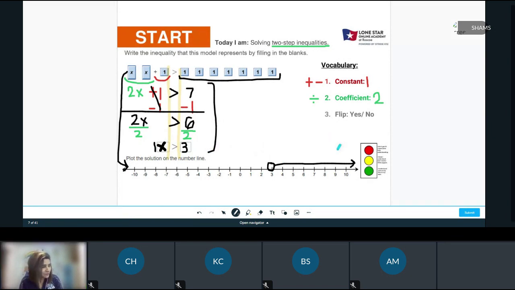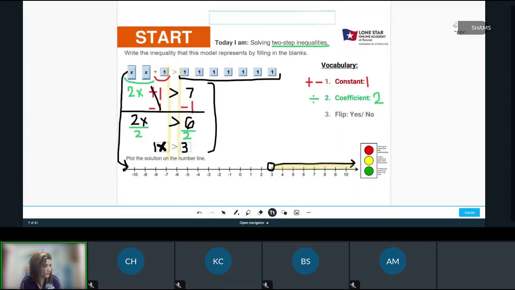Lily, I mean to say the arrow will keep going on and on and on. All numbers greater than 3 will be the answer, Lily. Does that make sense? What does that mean?